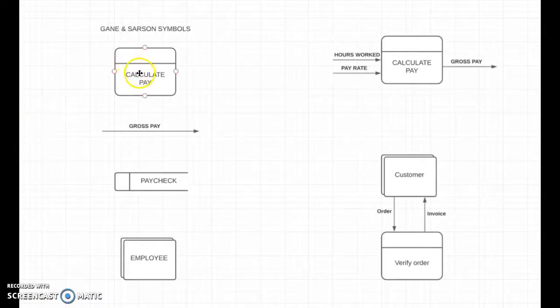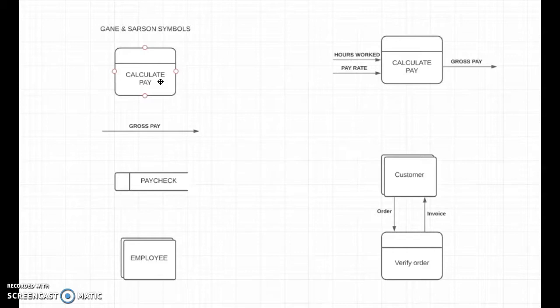The first one here, calculate pay, is a process symbol. Gross pay here is a data flow symbol. Paycheck is a data store, and then the employee is an entity symbol. A process symbol basically shows how the input data is transformed into a different output.